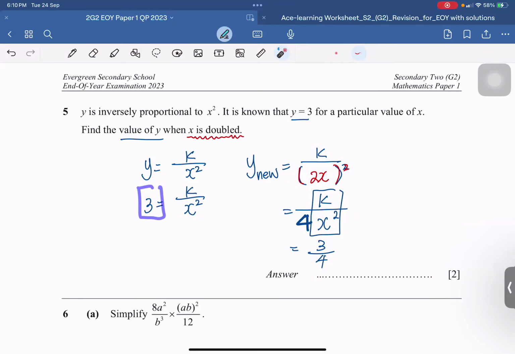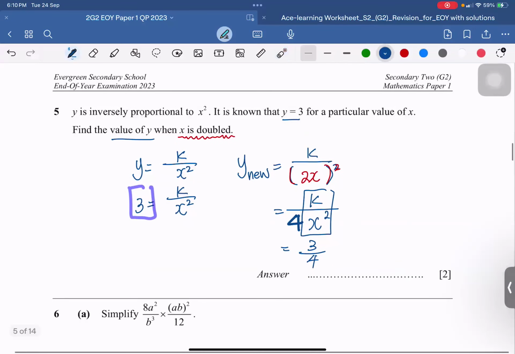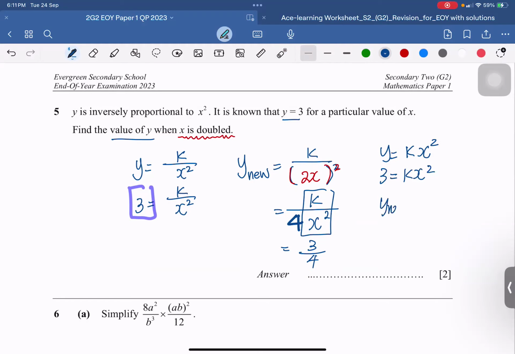So, Madam, what if it's directly proportional? If it's directly proportional, y equals to k times x squared. y equals to 3 for a certain value in x squared. Then y new is k times x squared double.